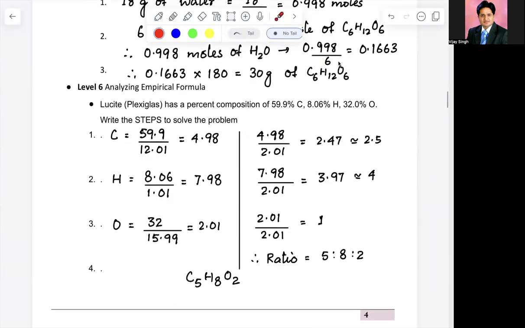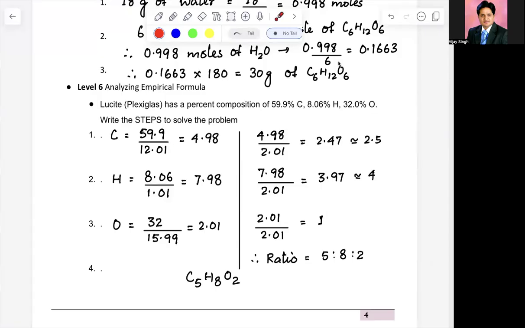Level 6, analyzing empirical formula. Plexiglass has a percentage composition of 59.9% carbon, 8.06% hydrogen, 32% oxygen, and write the steps to solve the problem. What you'll do is you find the percentage of carbon and divide that by the molar mass.